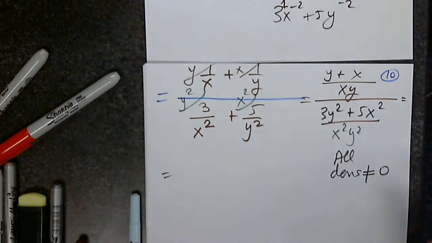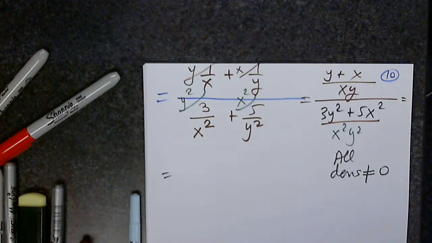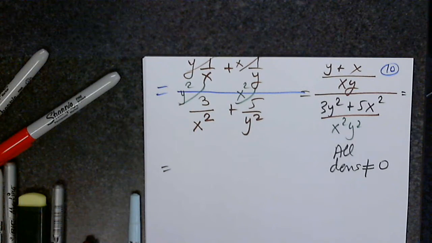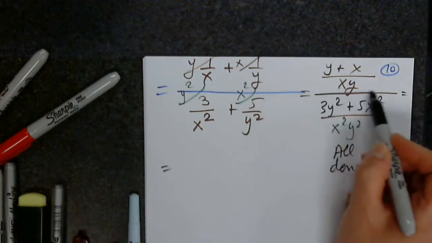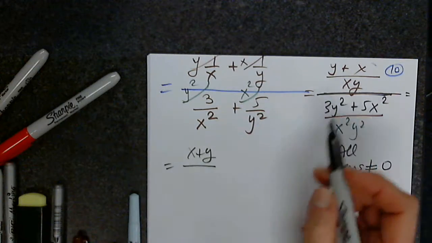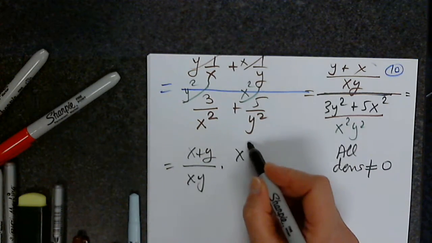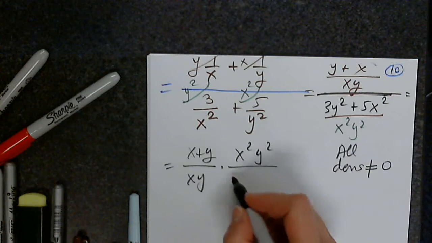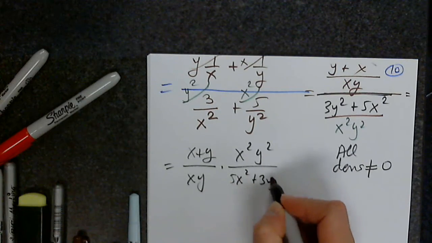Okay? How do I continue now? What do I have to do? How do I divide two fractions? You can't simplify each fraction, they're terms. How do I divide? Multiply by the denominator flip. Very good. X plus y over xy multiplied by x squared y squared over, and I'm going to put in order, 5x squared plus 3y squared.